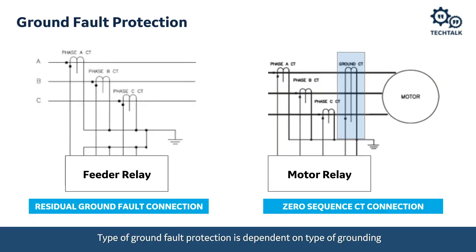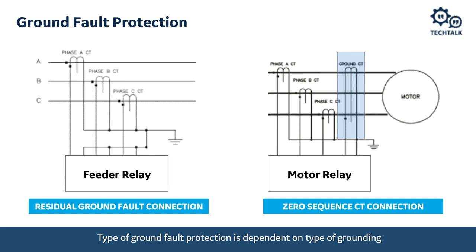So another key concept that we should keep in mind is also the type of protection. Now, there are multiple types of protective elements that we can use with overcurrent. What I've talked about so far is just the overcurrent elements themselves, but the overcurrent elements can be things like phase overcurrent.